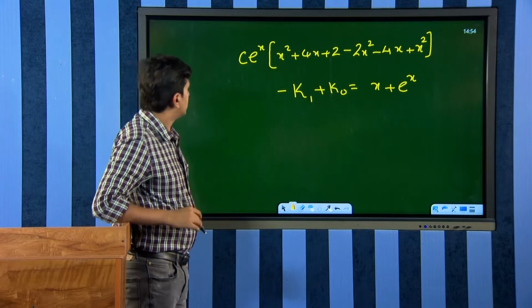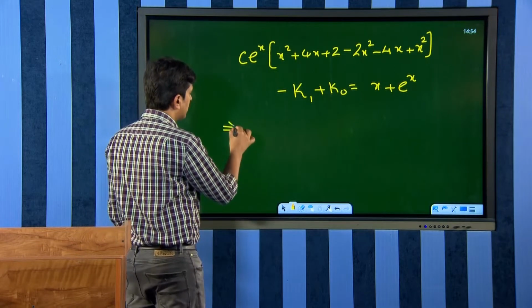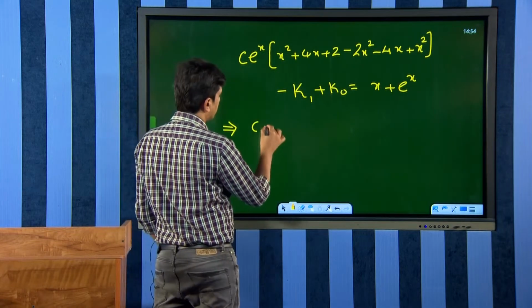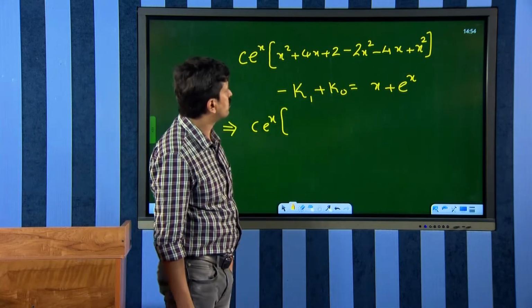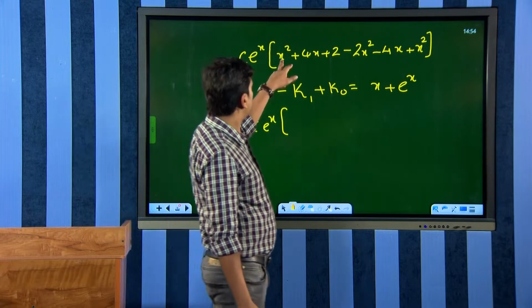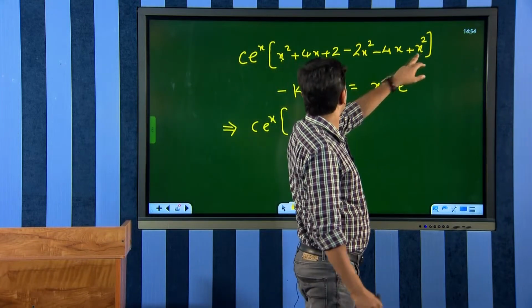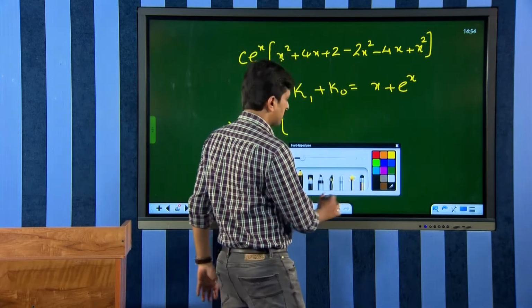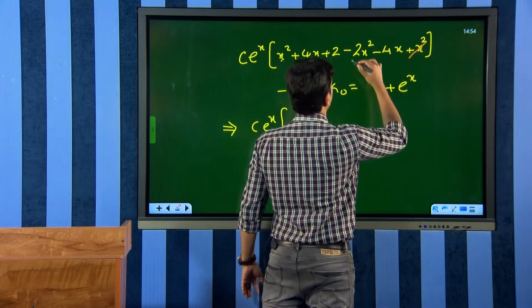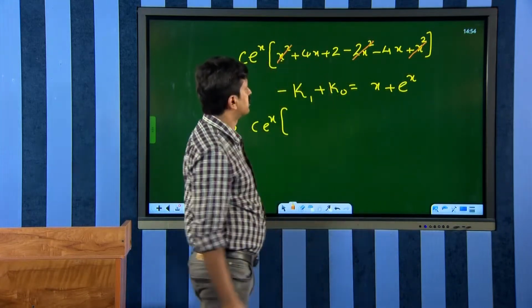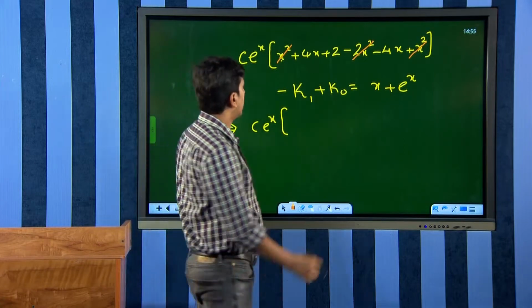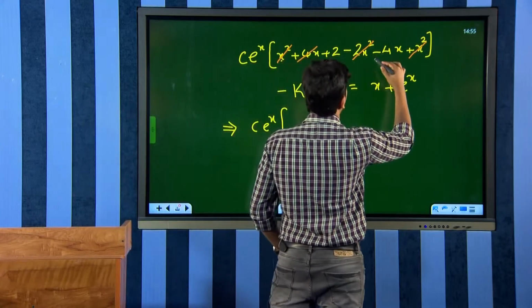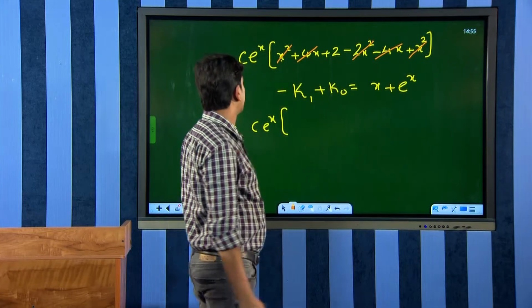And we can write this as c e raised to x into x square minus 2x square plus x square. 2x square minus 2x square is there, that we can cancel. See here we have 4x and minus 4x is there, that also we can cancel.